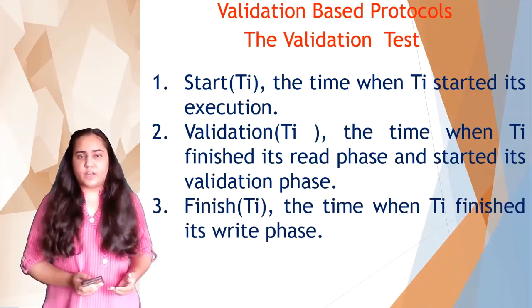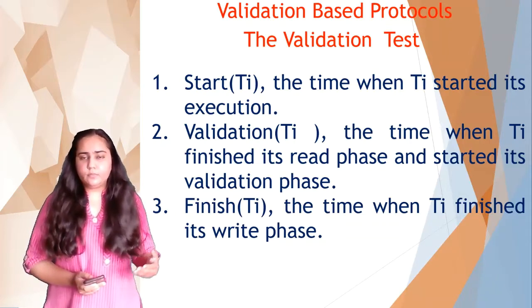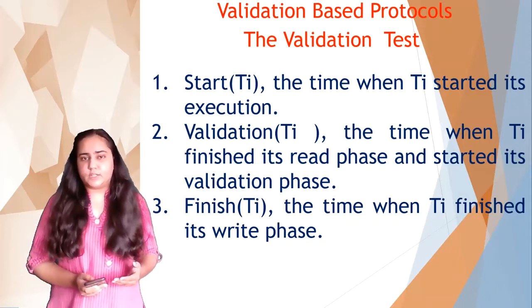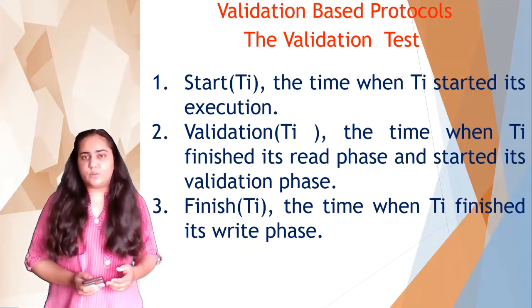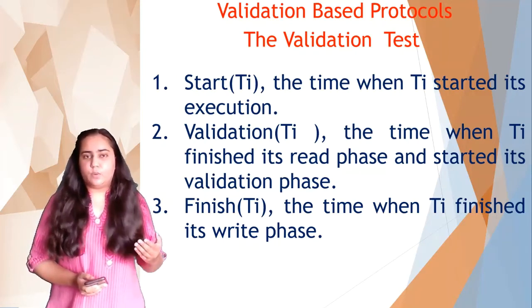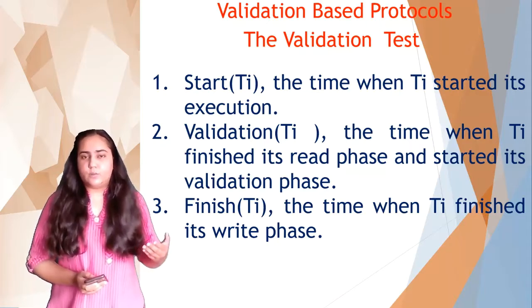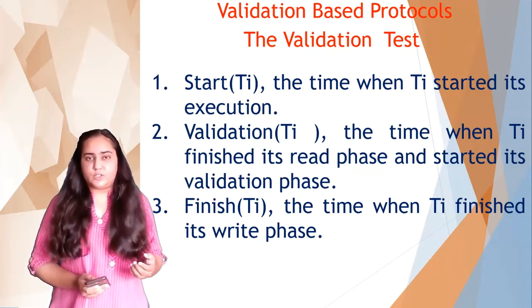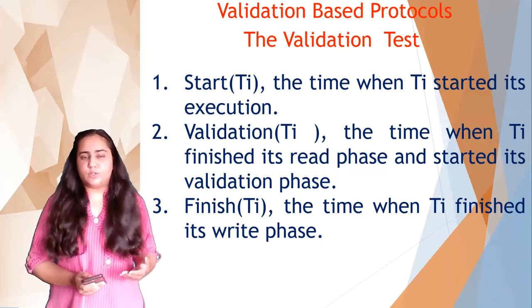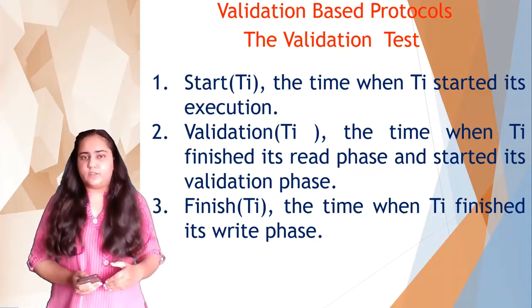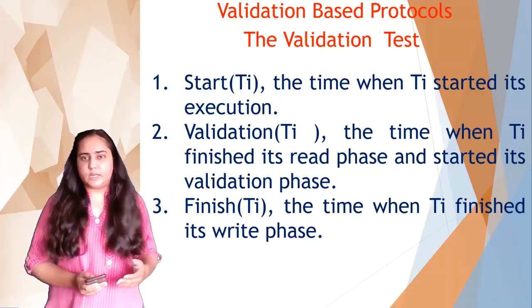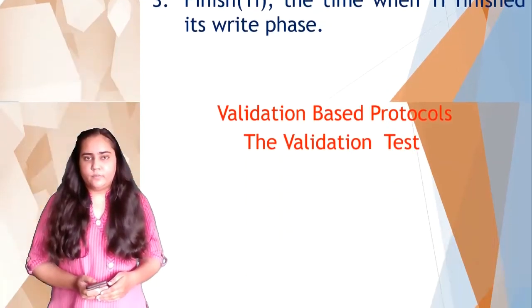And it also requires finish TI, which is the time when the transaction finished its write phase. So the 3 things required are start TI, when the transaction started; validation TI, when it finished the read phase and started the validation phase; and finish TI, when it finished the write phase.